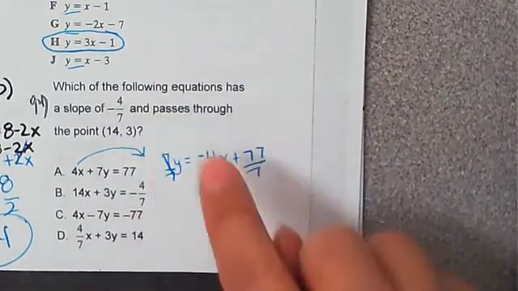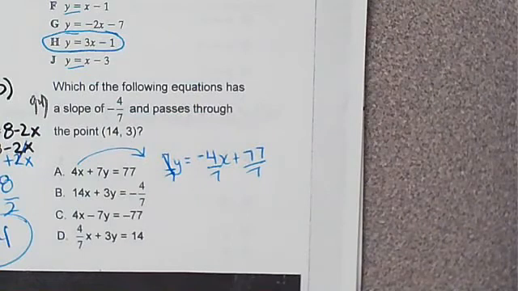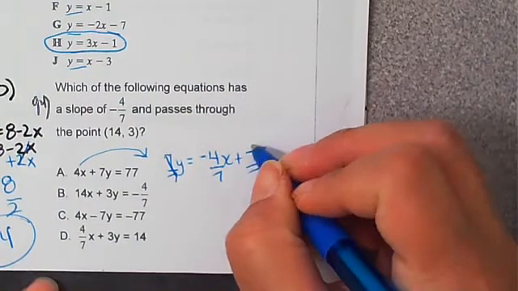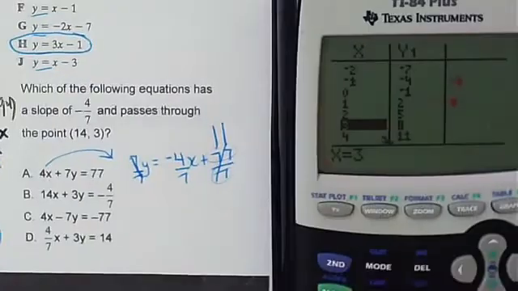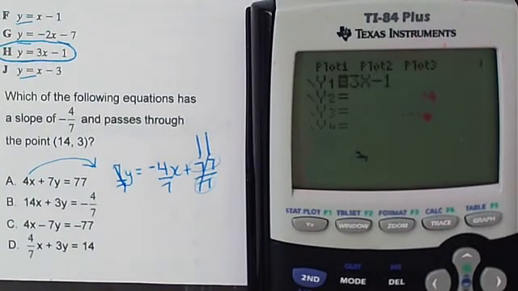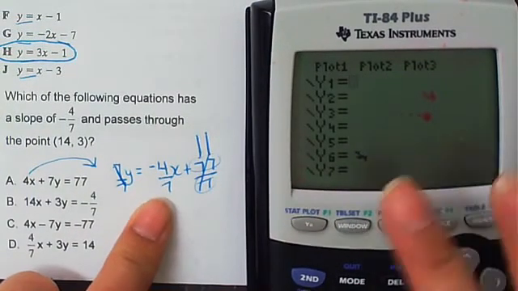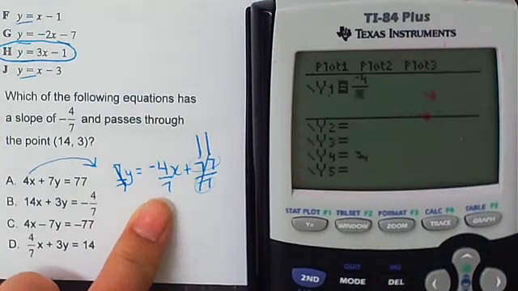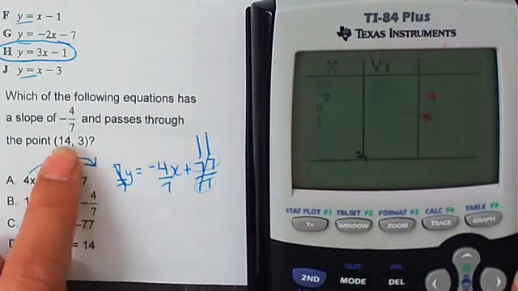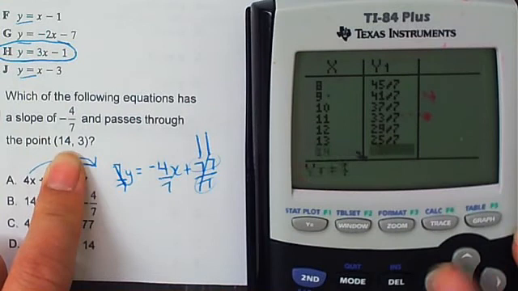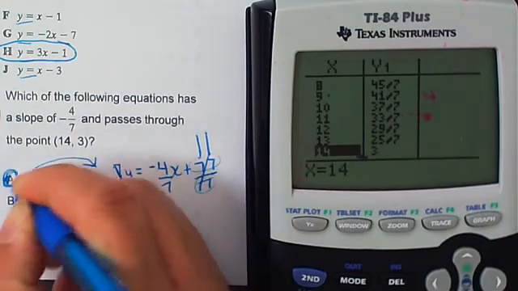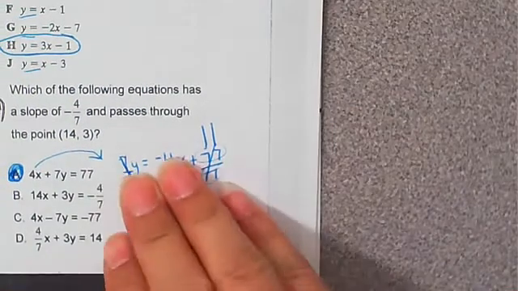And y equals that, right? Okay, so far, yes, it does have the -4/7. So now I know negative 77 divided by 7, that's 11. So I'm going to put it on the calculator. Alpha y equals enter, negative 4/7 x plus 11. Second table, does it have a 14, 3? Yes, it does. It was the first one.